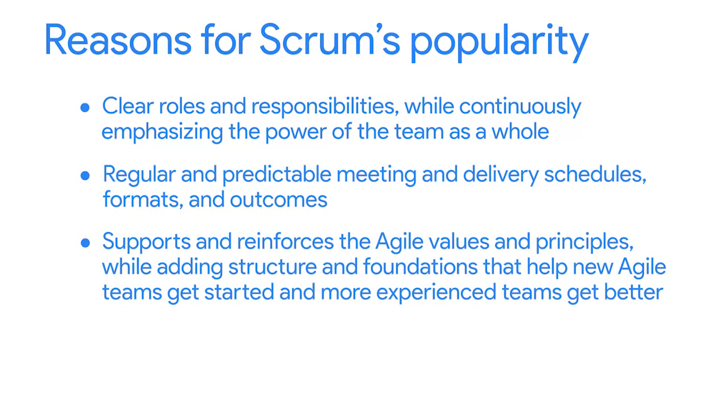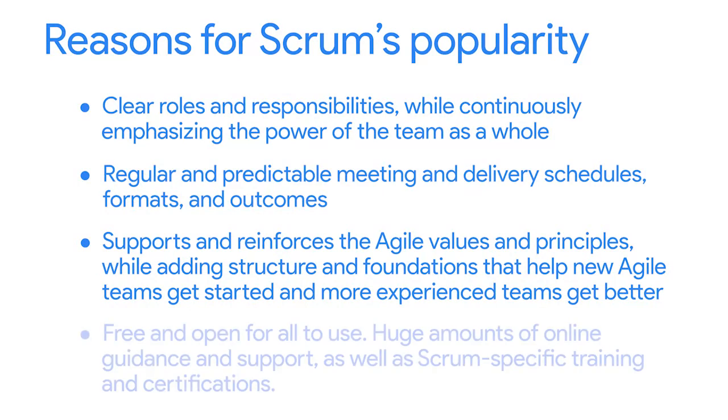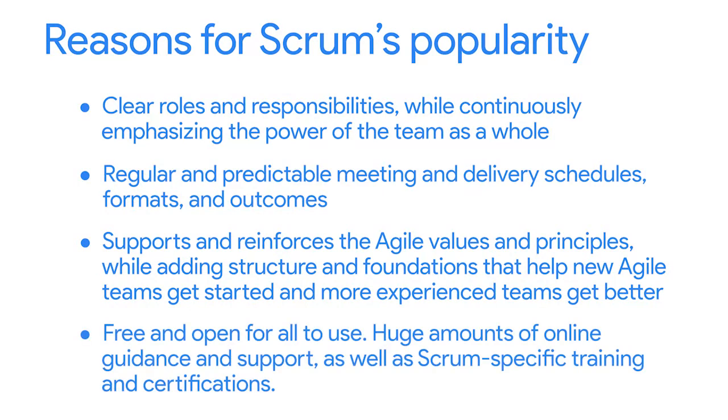It supports and reinforces the Agile values and principles, while adding some structure and foundations that help new Agile teams get started, and more experienced teams get better. And it's all free and open for all to use. Since it's the most commonly used Agile delivery framework, there's also a huge amount of guidance and support online, as well as Scrum-specific training and certifications.